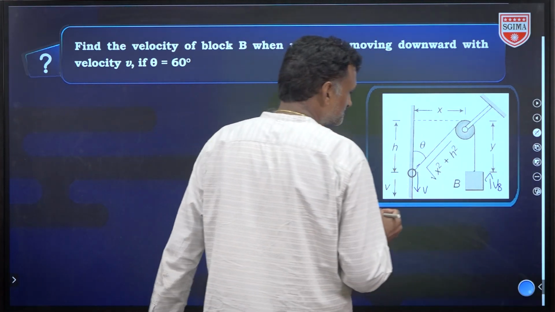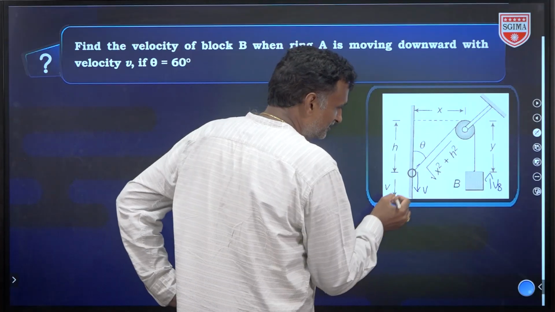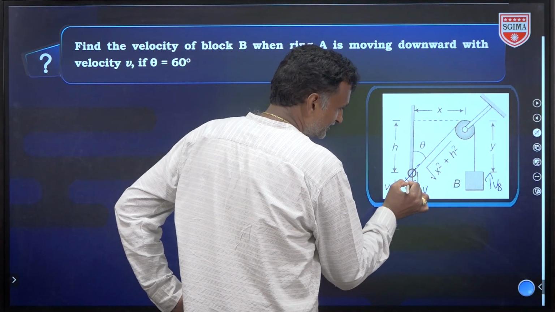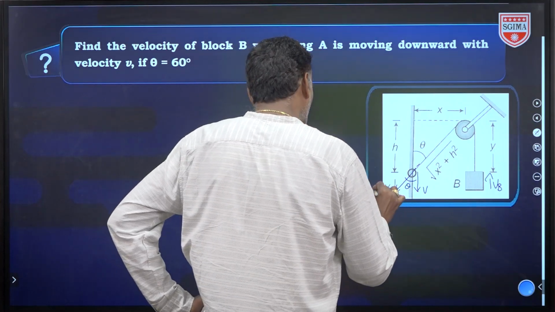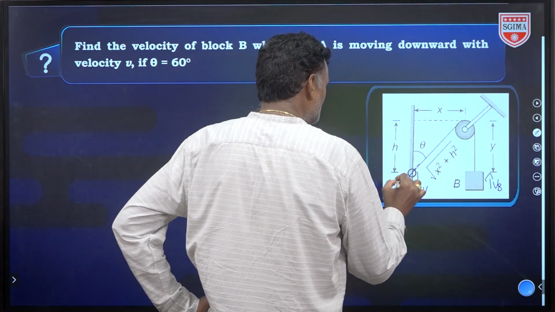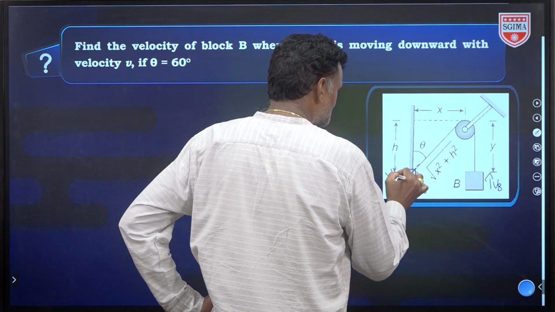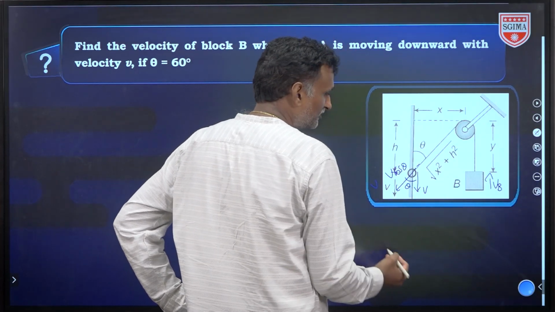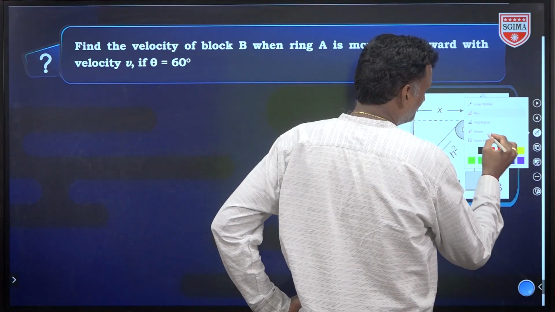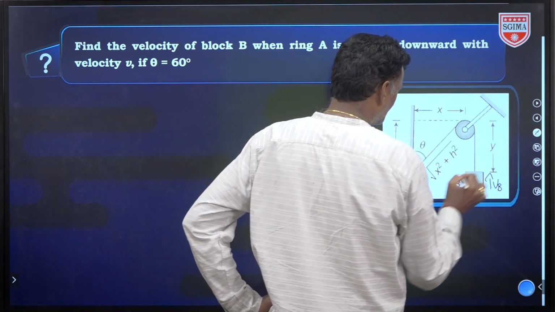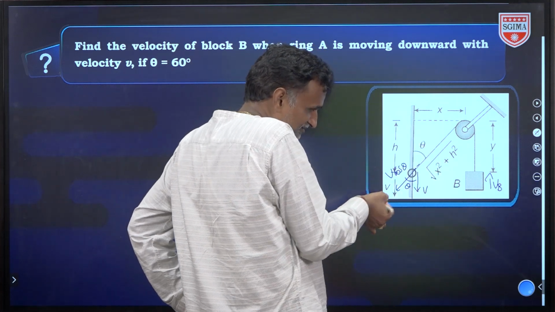Otherwise, the connection points of these bodies we can consider as rigid points. Suppose theta is given here. I am taking the direction along the string, and this is theta. So what can I write here? The component of V is V cos theta, along the string.